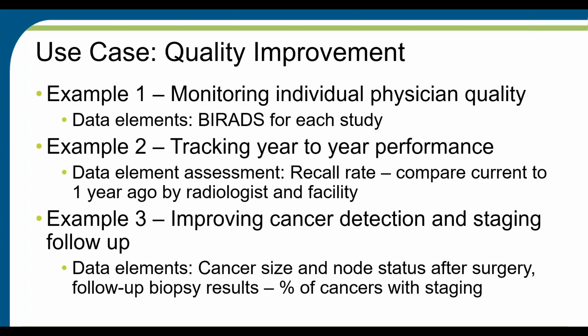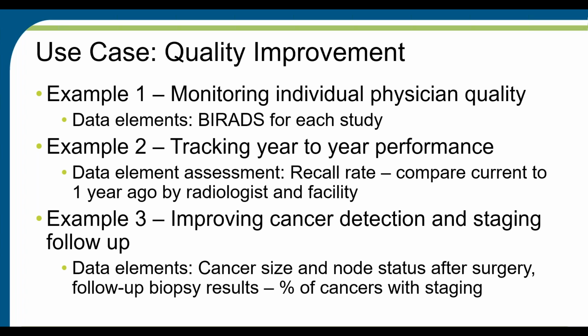It's useful to look at individuals each year, again, to track whether people are improving or staying the same, and that's critical. And improving cancer detection and staging follow-up, again, these are important. Are you finding early cancers? Are you finding late-stage cancers?